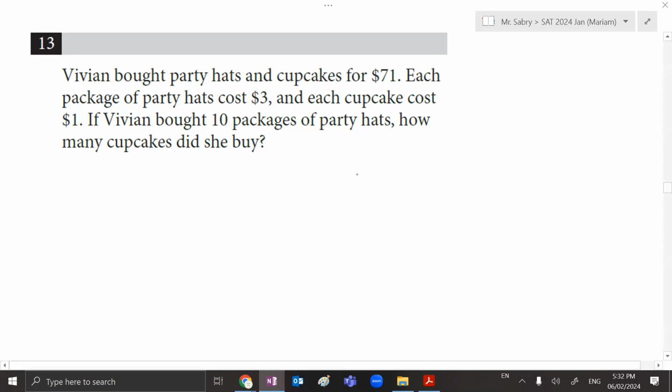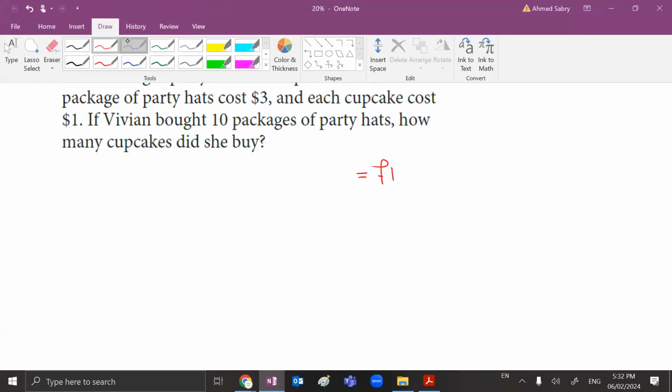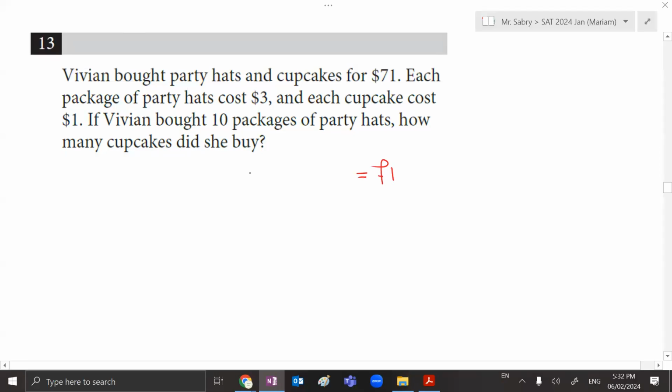Perfect. So then it says each package of party hats is $3, and each cupcake is $1. Vivian buys 10 packages of party hats.